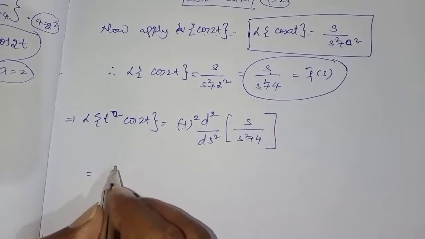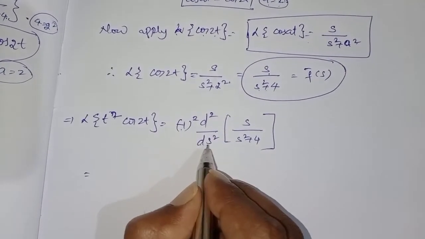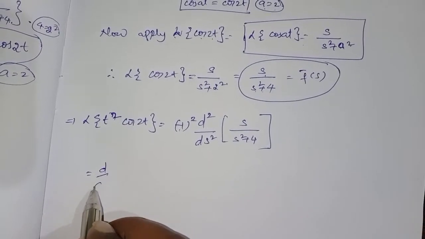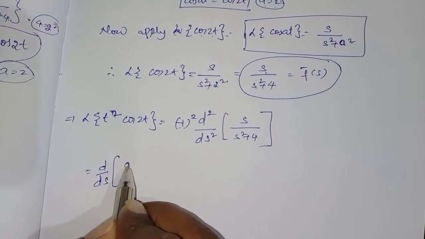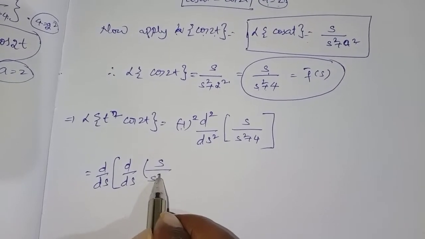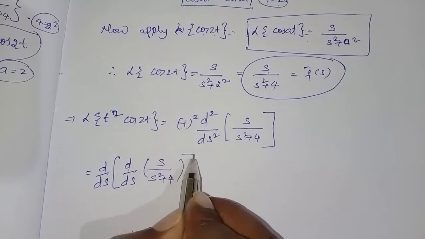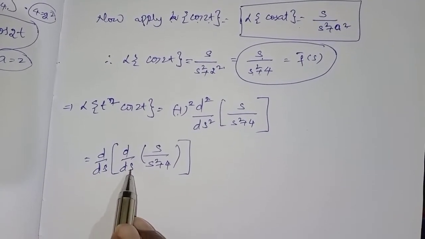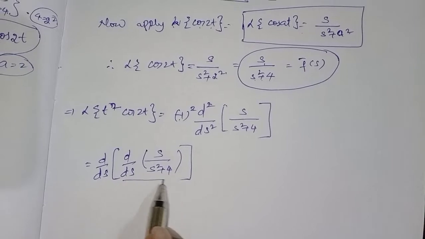So this is equal to d square by ds square, which means 2 times differentiation. So first, d by ds of d by ds of s upon s square plus 4. Here just consider this one only.